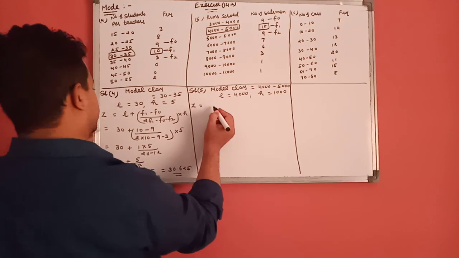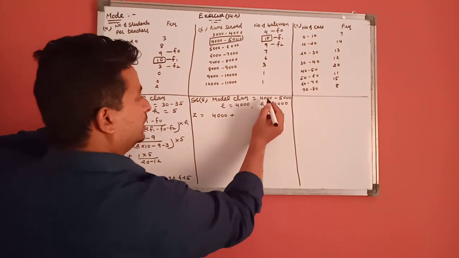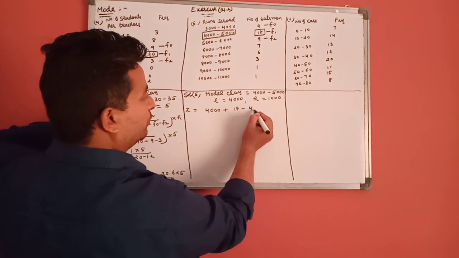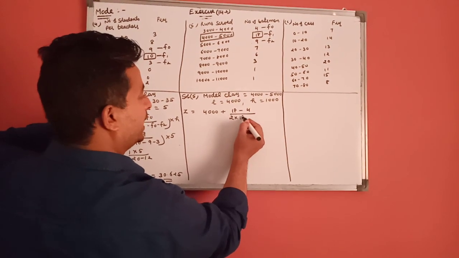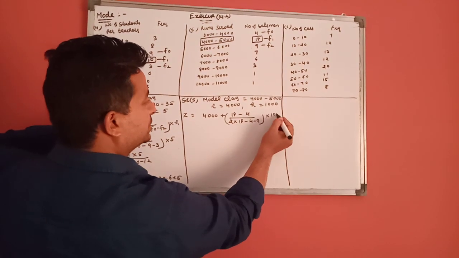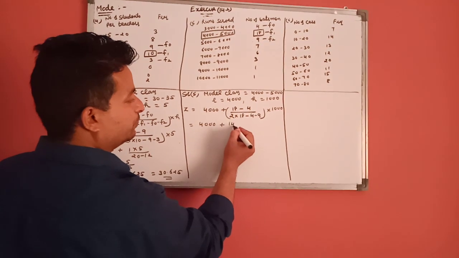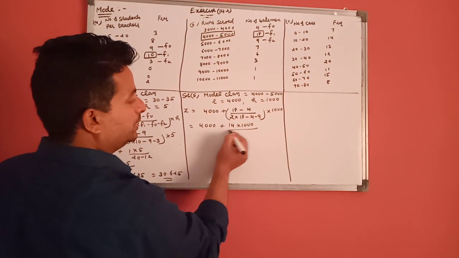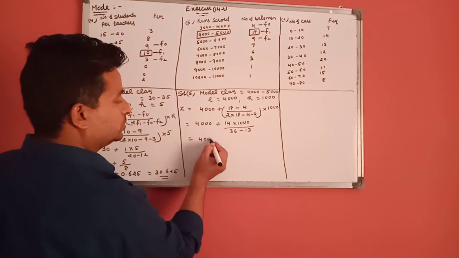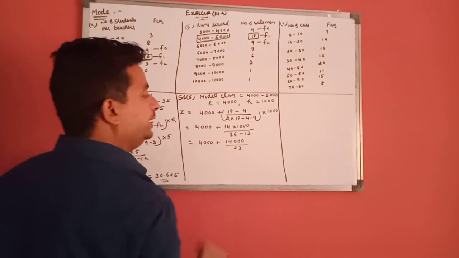So the mode is, in this formula we put first L, which is 4000, then f1, which is 18, then f0, which is 4, 2 into f1 minus f0 minus f2, multiply h, which is 1000. So this is 4000 plus 14 into 1000 divided by 36 minus 13. So 4000 plus 14,000 divided by 23.